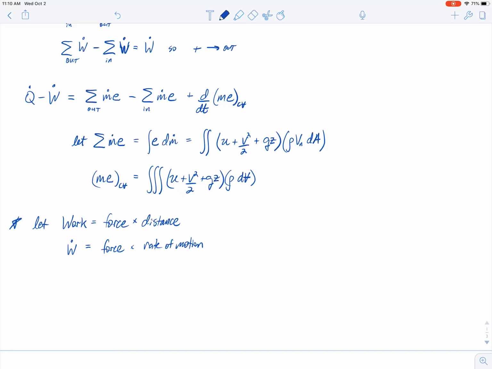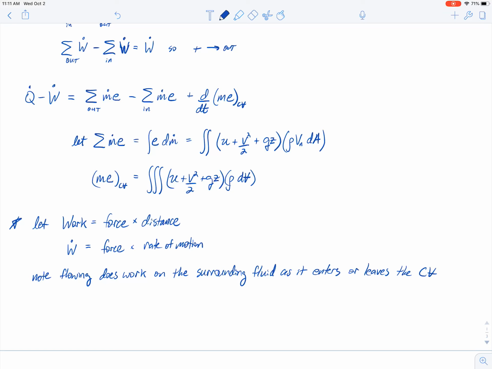Now let's note that the flowing of the fluid is going to do work. So it does work on the surrounding fluid as it enters or leaves the control volume.